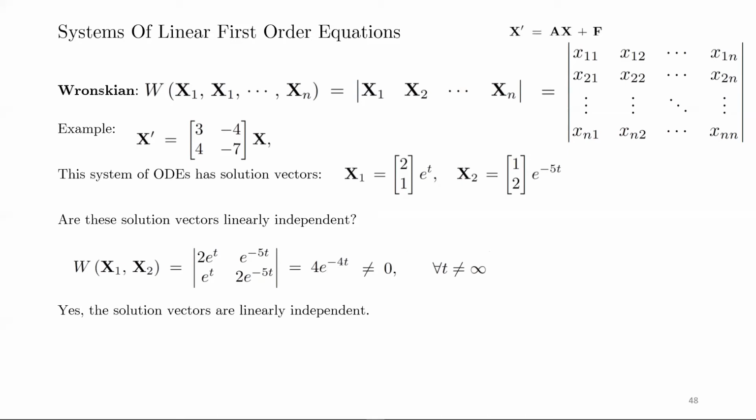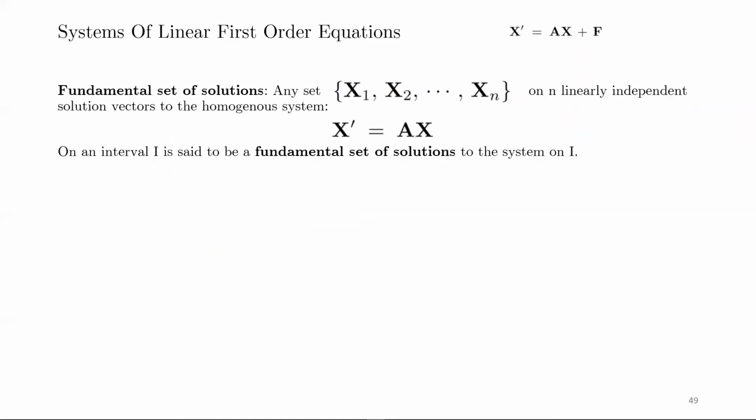Okay, well, now we know that for our 2x2 system, we have two solutions which are linearly independent. So if you recall from Unit 2, we can show that this is a fundamental set of solutions. And the same thing holds for systems of linear first order equations. If I can find, for an n by n system of equations, n linearly independent solution vectors to the homogeneous system on some interval, then we say that the set of these solution vectors is a fundamental set of solutions.